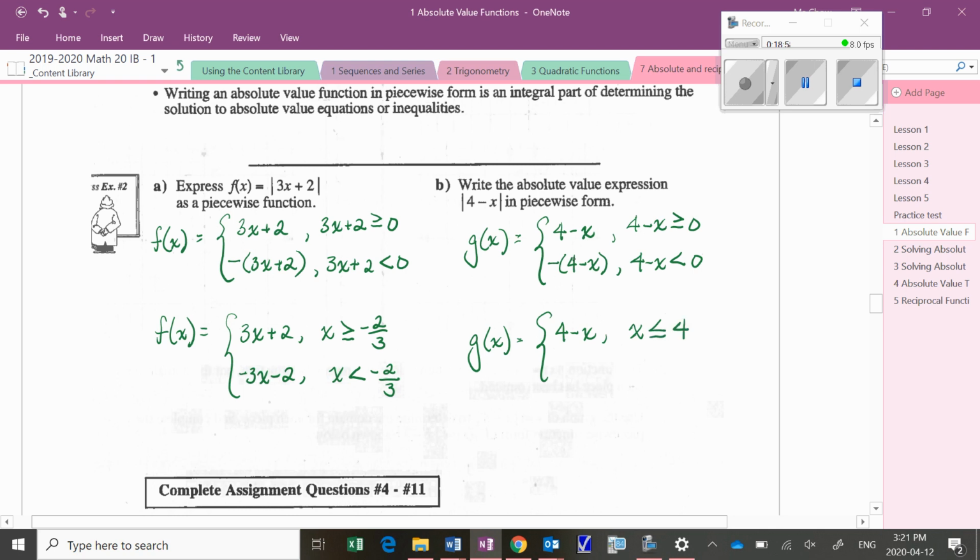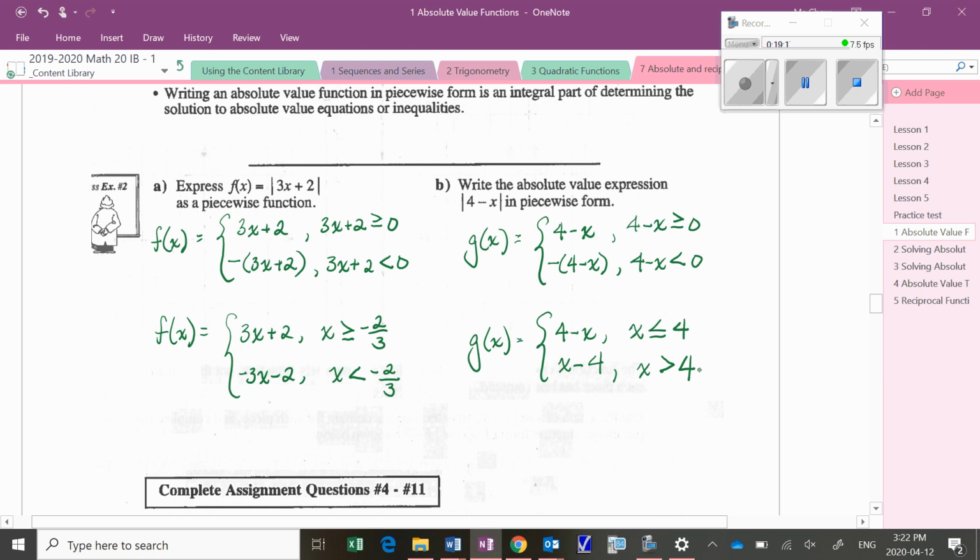And then here, if we distribute the negative in, we could have -4 plus x, or you could also say x minus 4, or you could just leave it as is. That's okay as well. And then again, adding x, so then x is greater than 4.